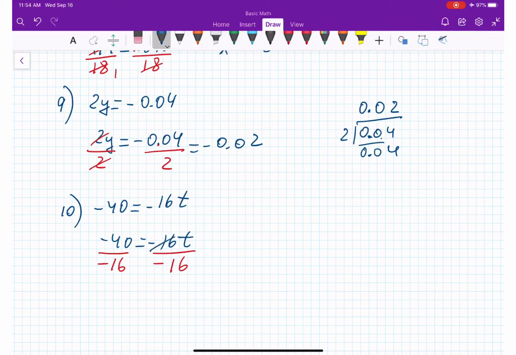So this is gone. So 40 divided by 16. You cannot divide and get whole numbers, so let's see what number both of them I can divide by. It's going to be 8. 16 divided by 8 is 2. 40 divided by 8 is 5. And negative divided by negative is positive, which means I'm getting 5 over 2 is equal t, or vice versa. T is equal 5 over 2. Okay?